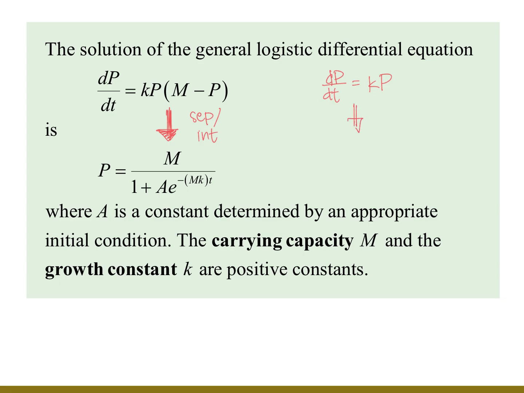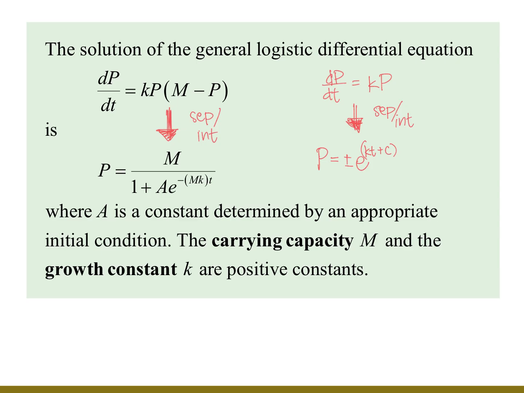And if we separate and integrate that, we get P equals plus or minus e to the kt plus C. That's exponential, separate and integrate. You should be able to prove that. That's baby cakes, separate and integrate.